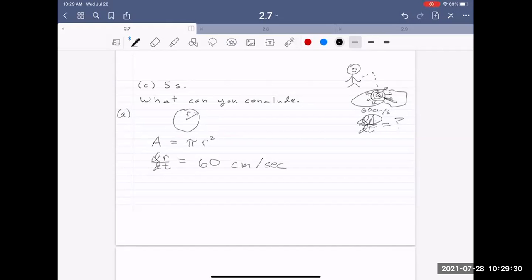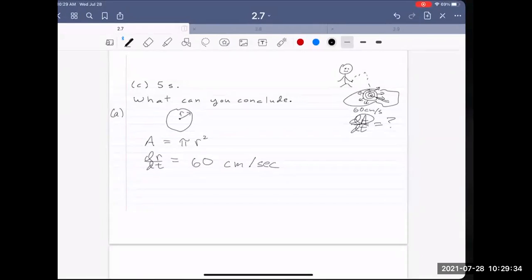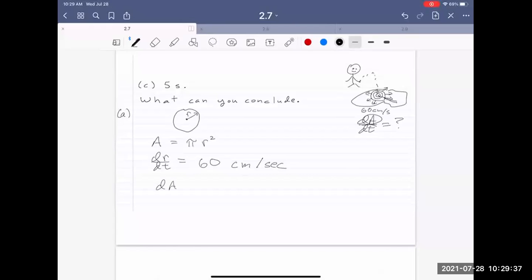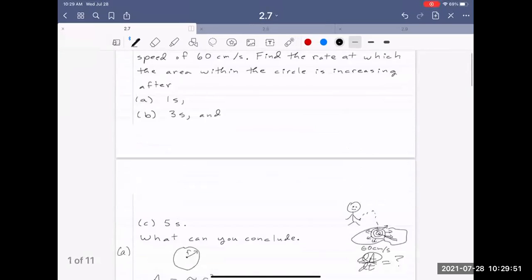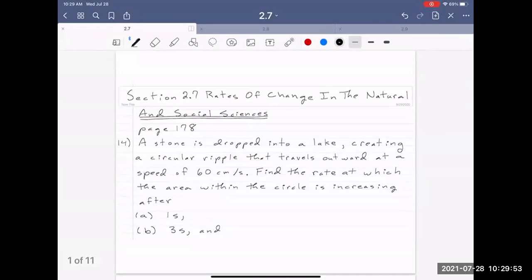Now, I want to determine the derivative, the rate at which the area is changing with respect to what variable? Time. It's implicit. They don't tell you. It says rate, and the rate is a derivative, of area.